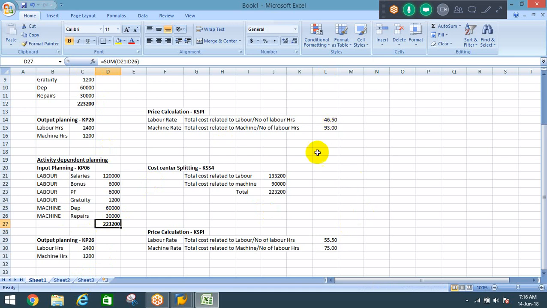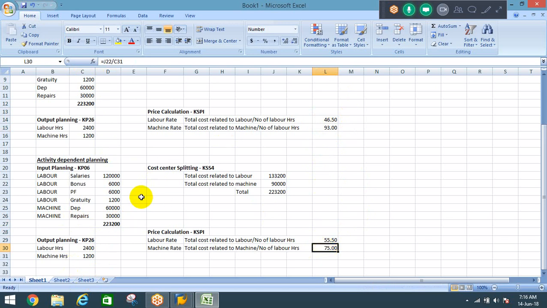But if you see, the price is different. Here labor is calculated as 46.50, but here it is 55.50, and here it is 93, here it is 75 machine rate.